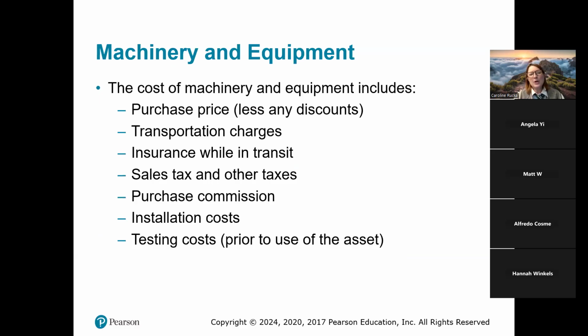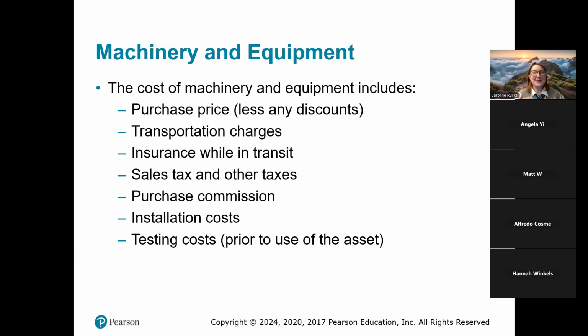The price of that machinery is going to, of course, include the purchase price, but also any transportation charges, any insurance for those items, sales taxes, purchase commissions, the cost of installing that equipment and getting it ready for actual production, including any testing costs and any materials that you need, oils or bolts or, clearly I'm not that mechanically minded, right?